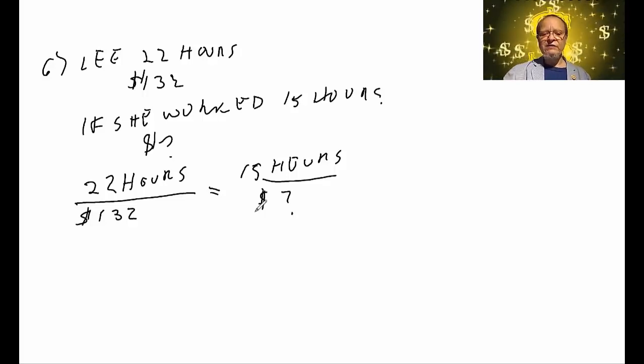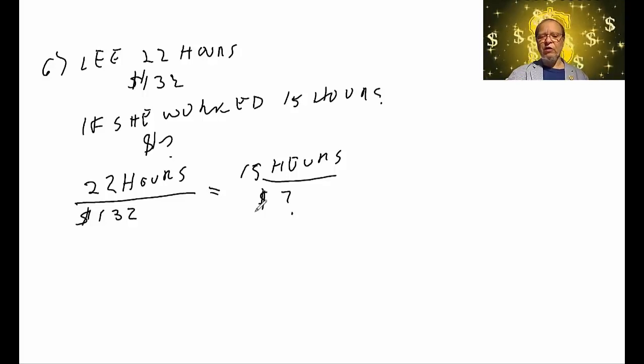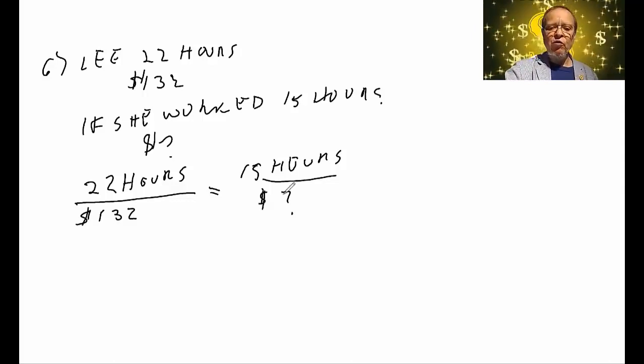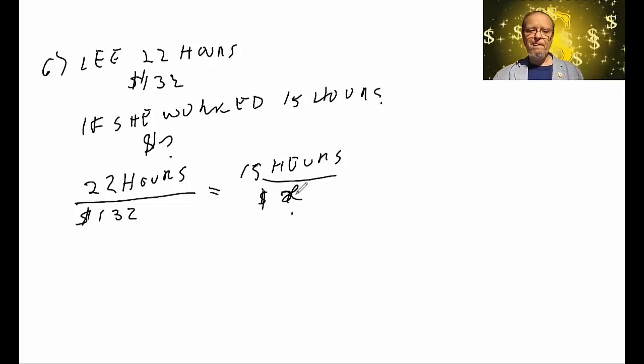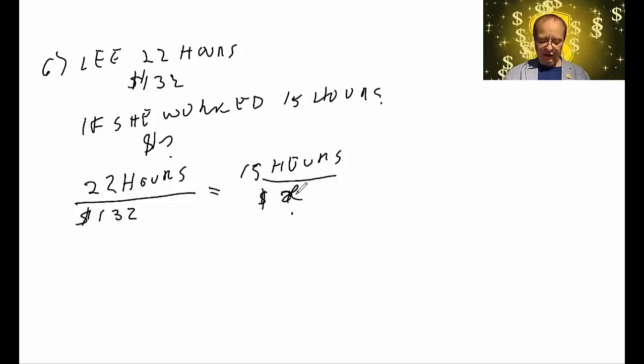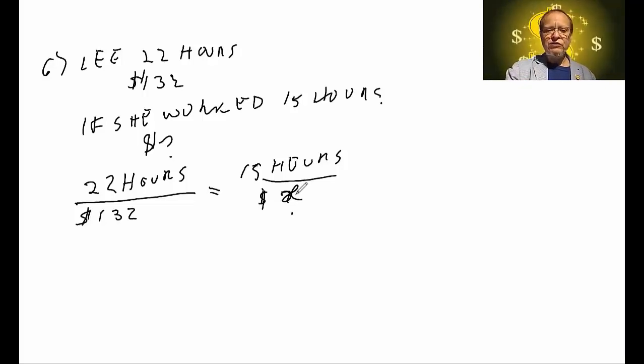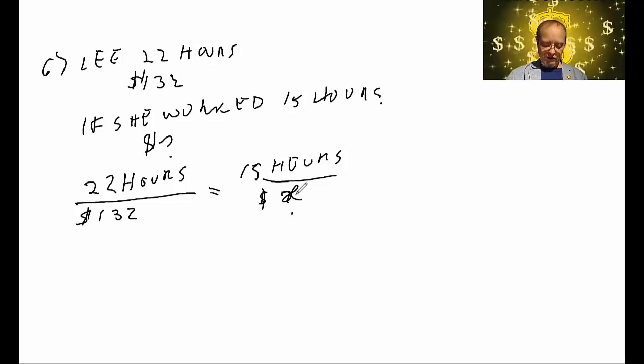I put a question mark because I don't know how much she made, but usually we call that X, the unknown. So here we have set up two ratios on either side of an equal sign so that we could cross multiply.